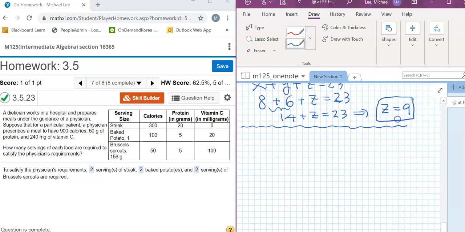Here we need to find the number of servings. Let S equal the number of steak servings. I'm sure you know what that means. And then the next one, a potato. Let P be the number of potato servings.